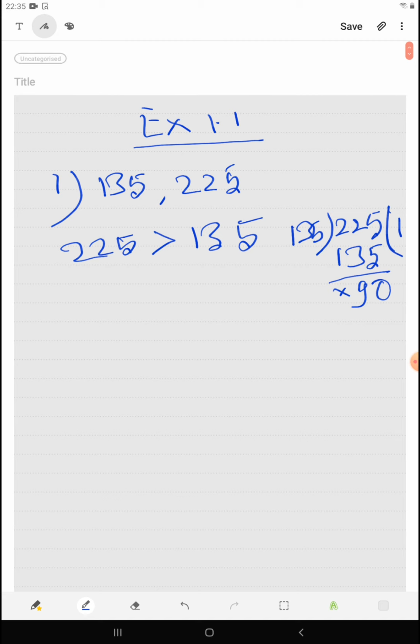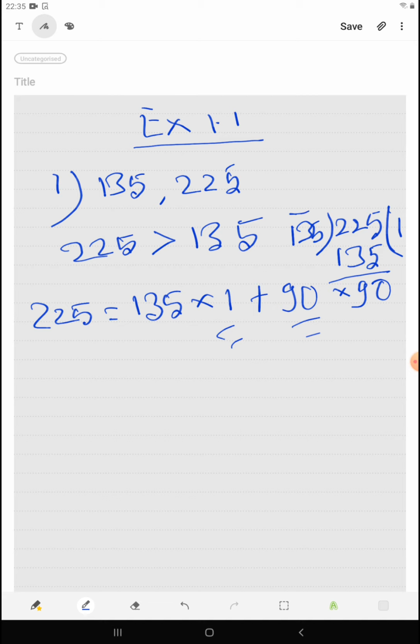So as you can see, this 225 can be represented as 135 into 1 plus 90. See, we have got q and r over here. So here q is 1 and the remainder is 90. Okay, so here 135 is the divisor, 225 is the dividend, 1 is the quotient, and 90 is the remainder.